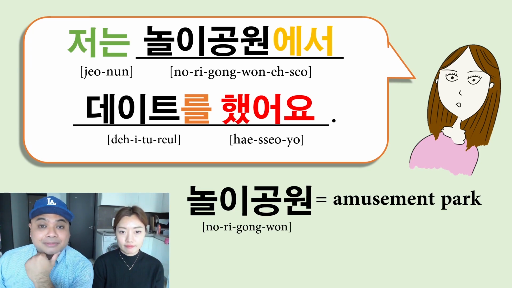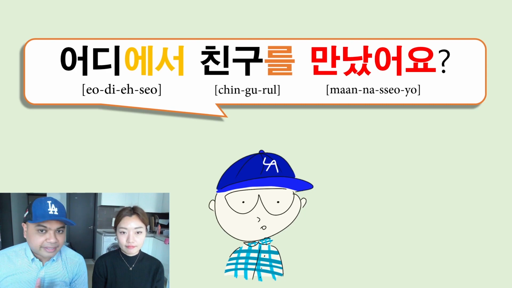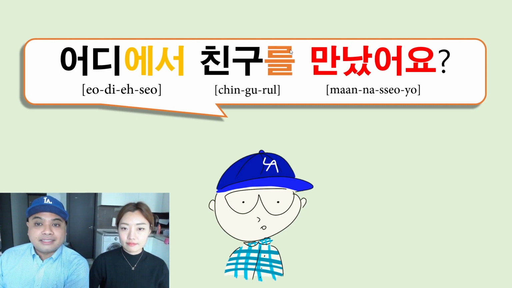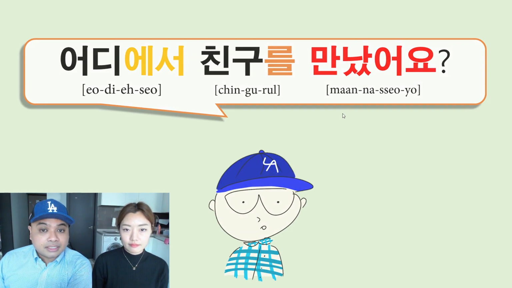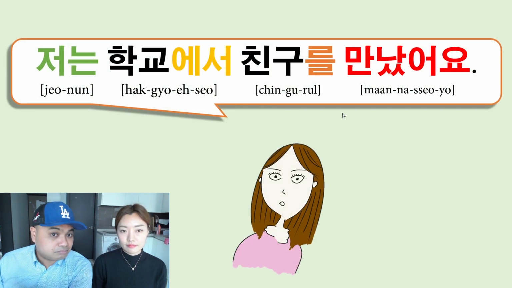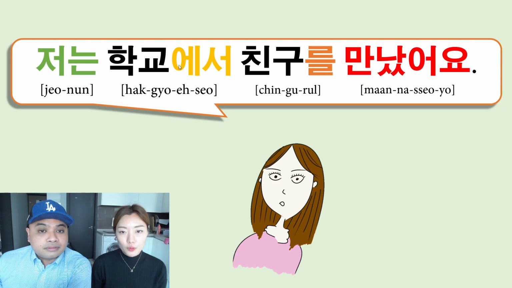Then let's do a recap. Just remember, when you're asking the question, 어디에서 means where at. And then if you have an object, remember to use the object marker. And then, of course, the verb at the end. And this is in the past tense. 만났어요. Don't say 만나요. Where did you meet your friend? And then, when you want to respond, it's very similar, right, Donna? 저는 학교에서 친구를 만났어요.